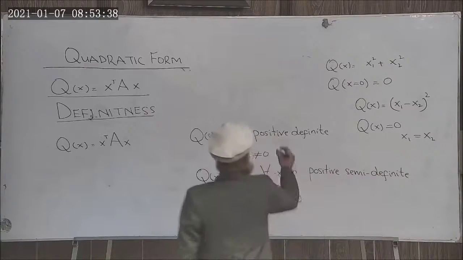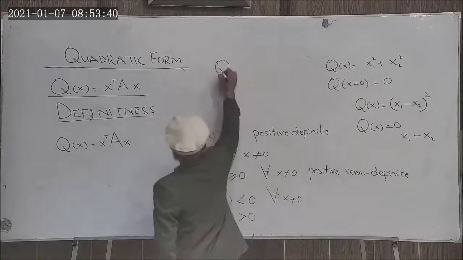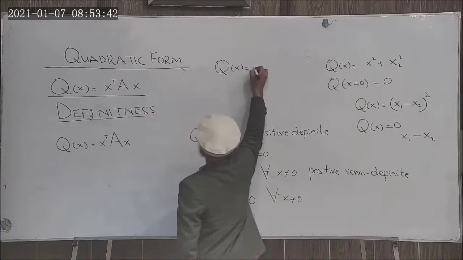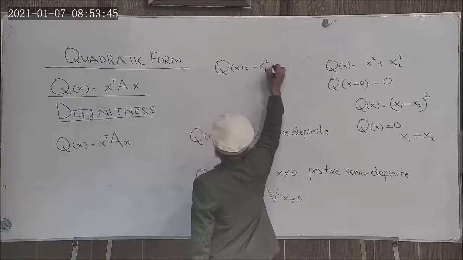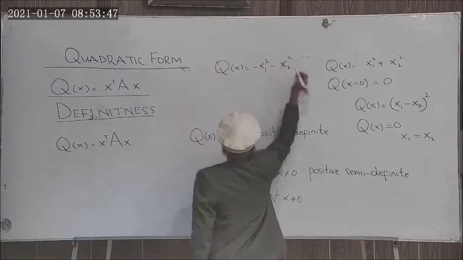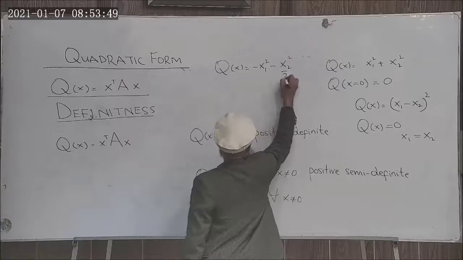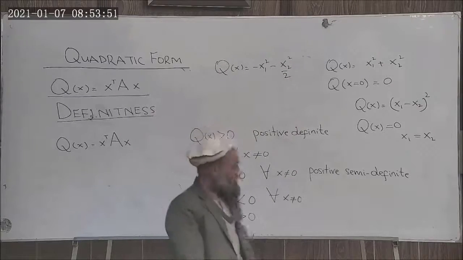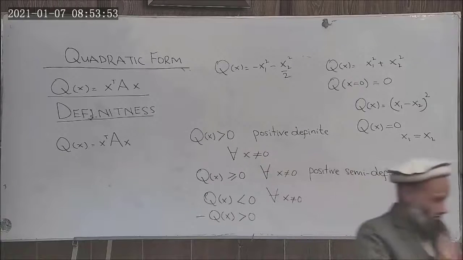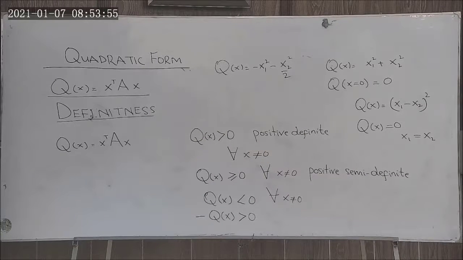For example, q of x equal to minus x1 square minus x2 square, divided by 2. It is 0 for x equal to 0, and for any other value of x, it is less than 0. So this quadratic function is called negative definite.